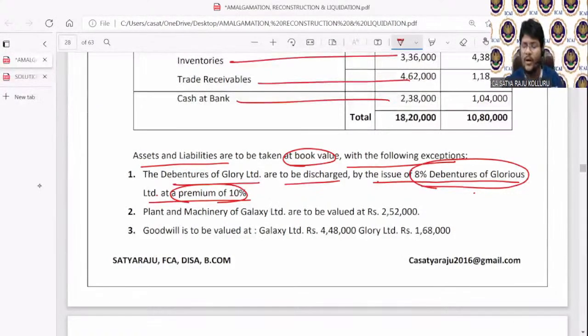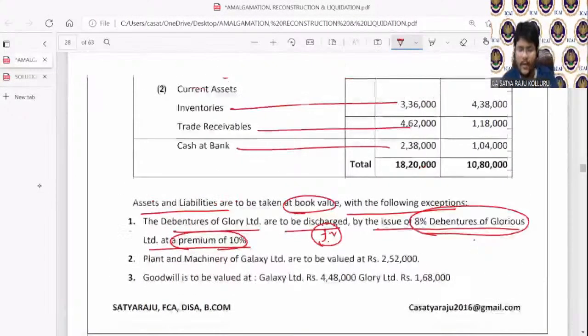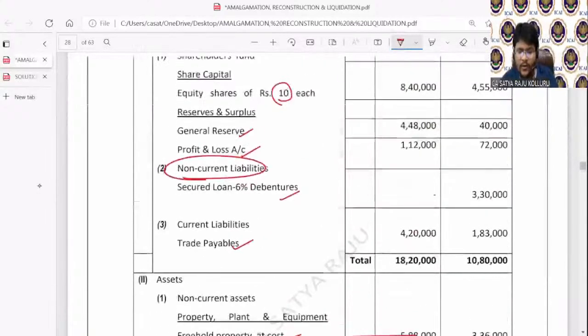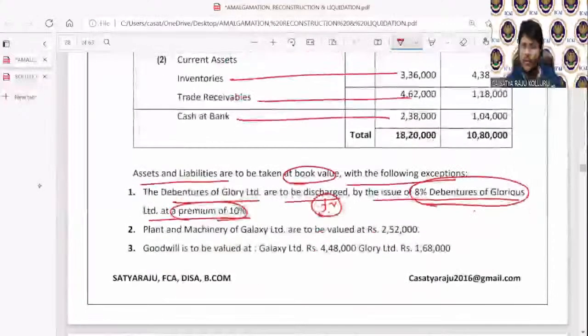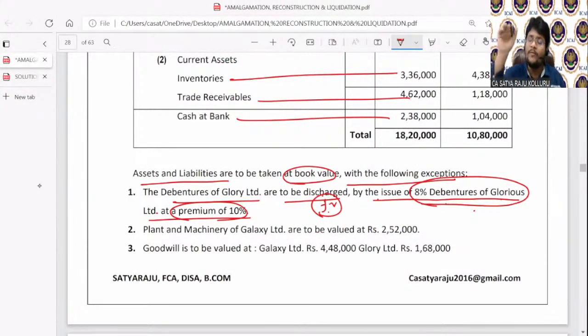One thing you need to understand here: discharge is at face value only, but the newly issued debentures are issued with premium. If you observe, the 6% debentures are worth 3,30,000. We are acquiring this 3,30,000 at book value only. But for such 3,30,000, we are issuing our company debentures, that is Glorious Company debentures, at a premium of 10%.